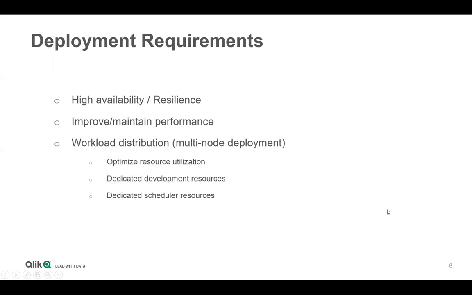Besides, for any production environment, there are certain deployment requirements. First, for production, we definitely need to provide high availability and resilience. That means the production system should always keep the user connection consistent and task reload consistent.